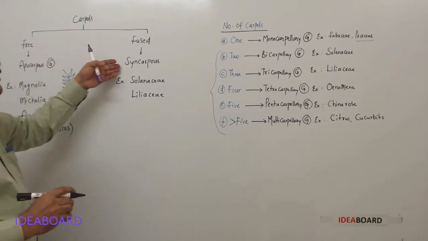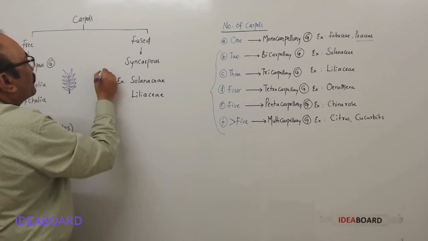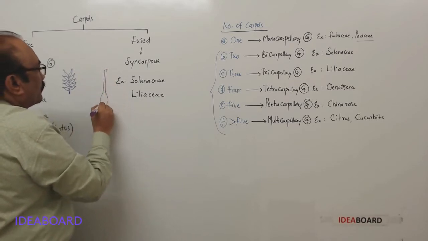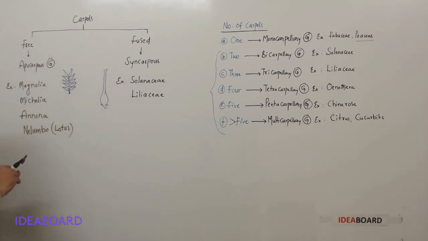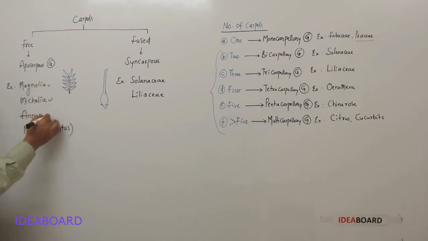And when they are fused, we call that syncarpous gynoecium. The apocarpous gynoecium examples are Michelia, Magnolia, Annona, and Nelumbo, that is lotus.